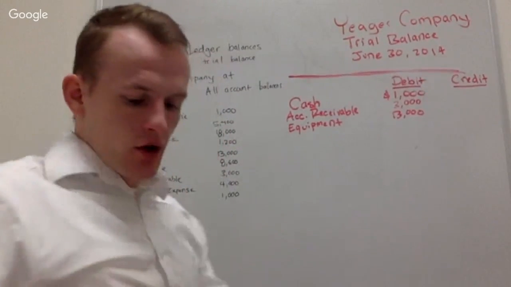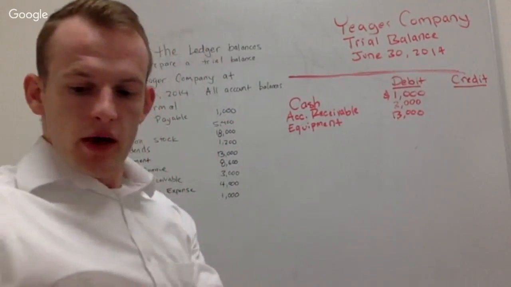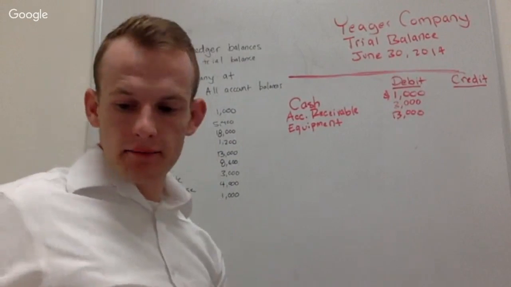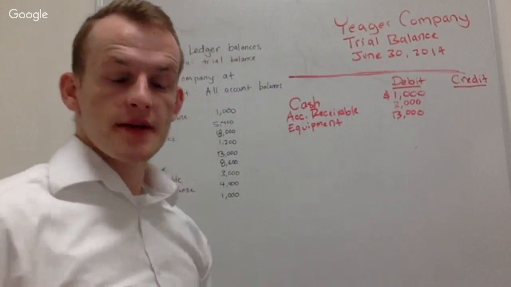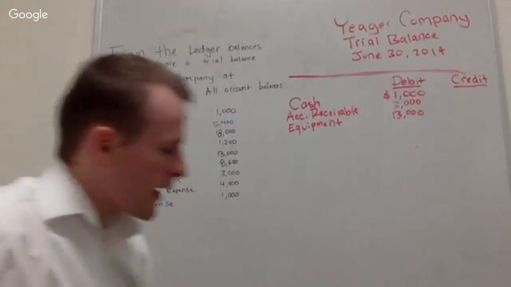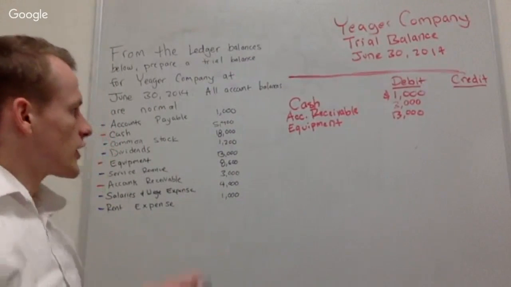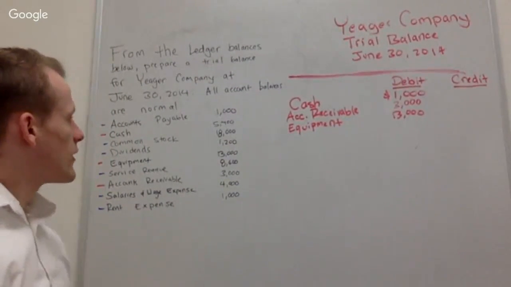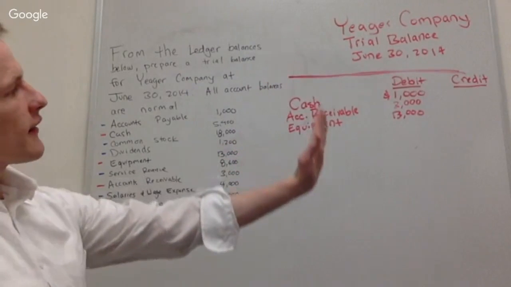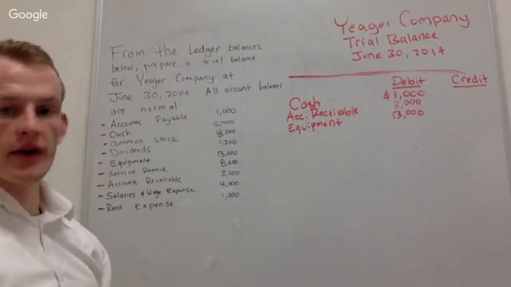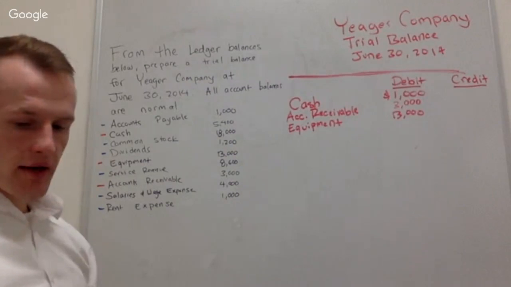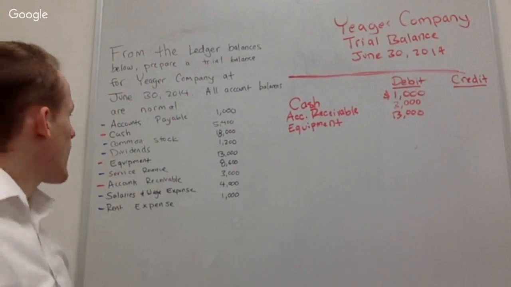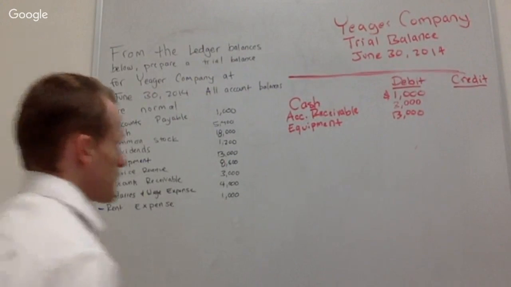All right, so now at this point, we will now sort out our liabilities. And as we go through that, some of them will get a little tricky, and I'll kind of explain how I sort out whether or not their balances belong in the debit or the credit column. So the first one that we're going to look at is our accounts payable.